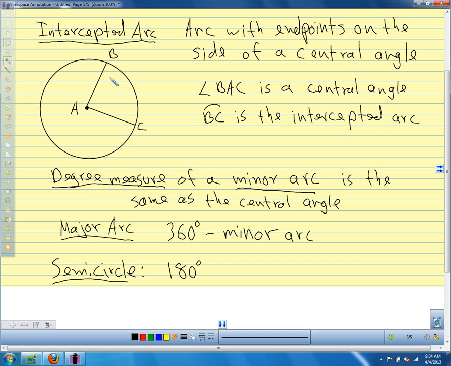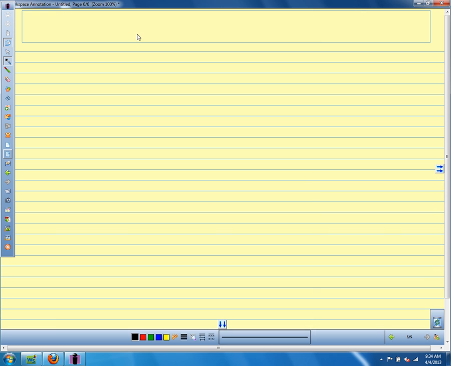We have a couple of things left to talk about. There's a lot of information, like I said. We have another way to measure arcs. We can talk about how many degrees are in the arc, but another way we want to measure them is the length. How long are they? So we want to figure out how we measure the arc length. Degree measure has to do with the central angle. Now we want to talk about the arc length.